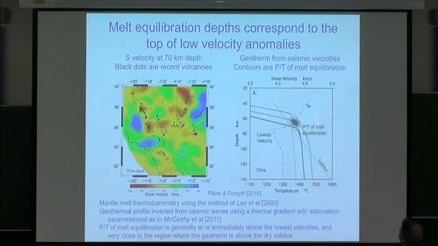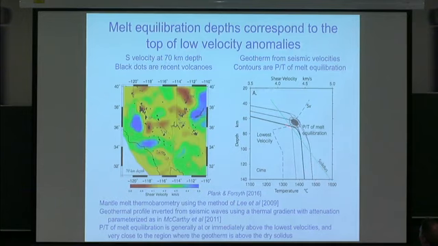So this black line here is the geotherm that was inverted from the seismic data using relationships between seismic velocity and temperature.